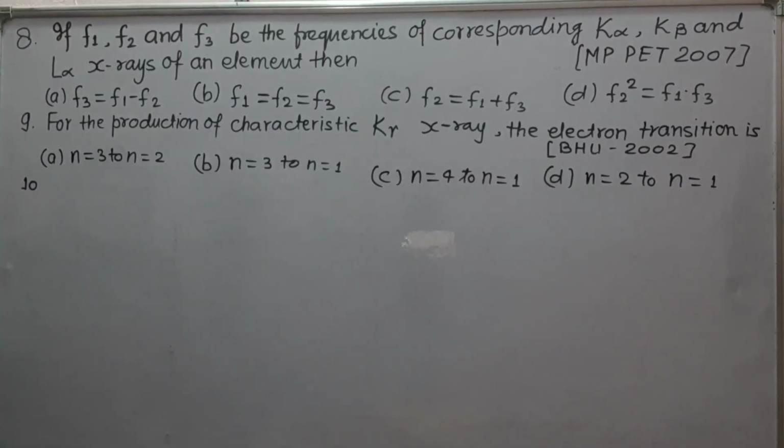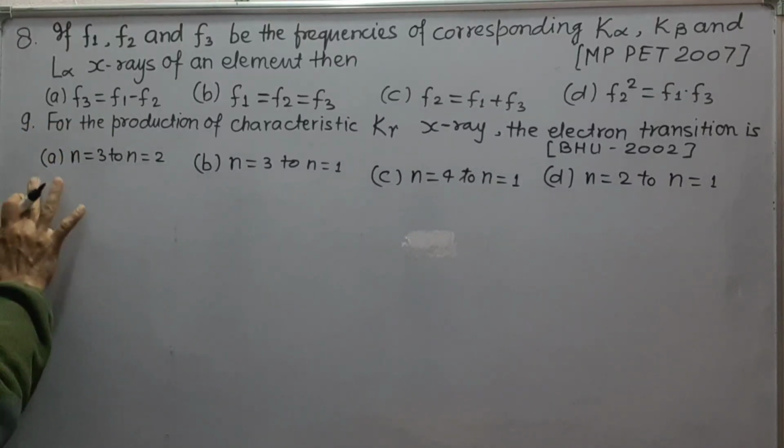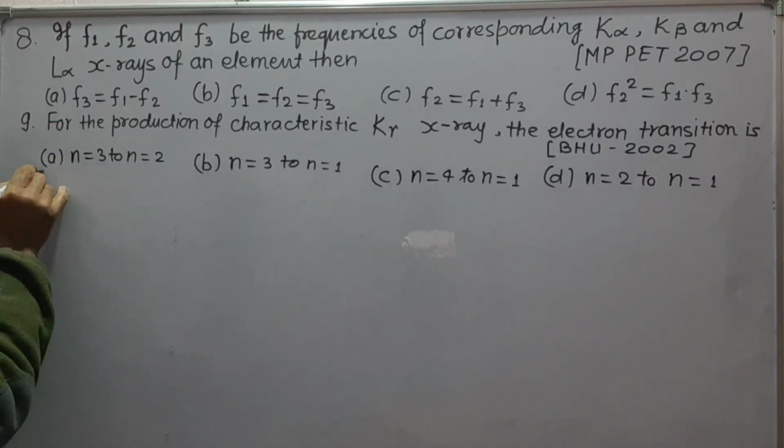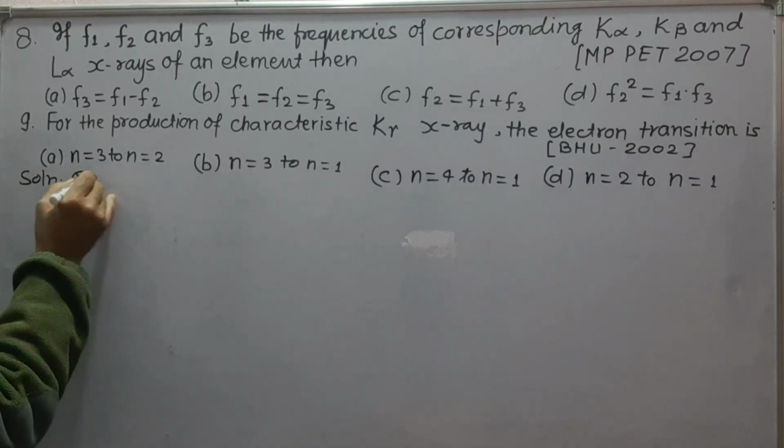Next question number 8. The question is if F1, F2 and F3 be the frequencies of corresponding K alpha, K beta and L alpha X-ray of an element, then these are the options. Now solution to question 8.